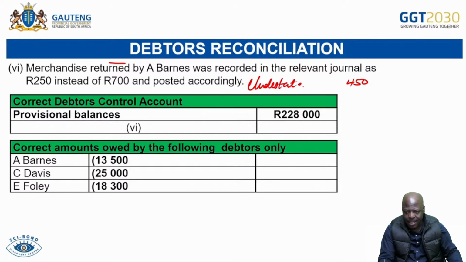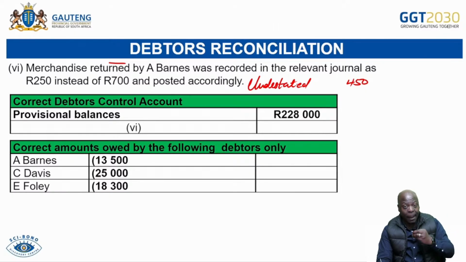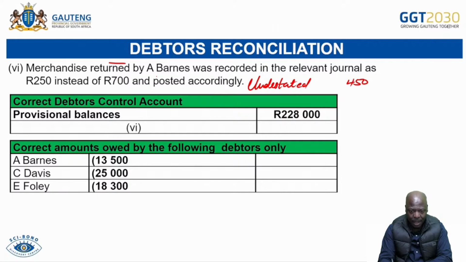We understated the amount. Once you understate the amount, you go and you record the difference with the same sign because it's under. So you keep the same sign. So you're coming here and you're saying merchandise returned by A Bonds was recorded in the relevant journal as 250. So that means the control is also in error.